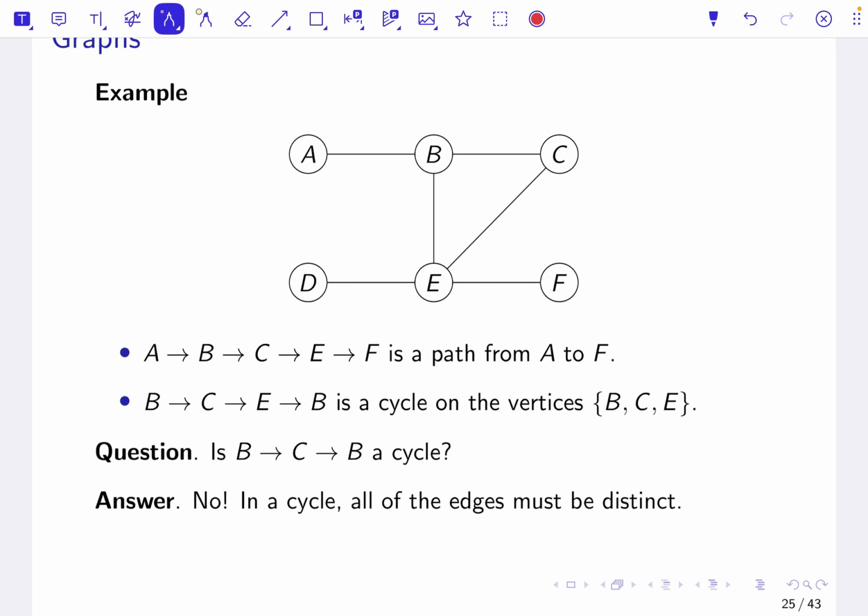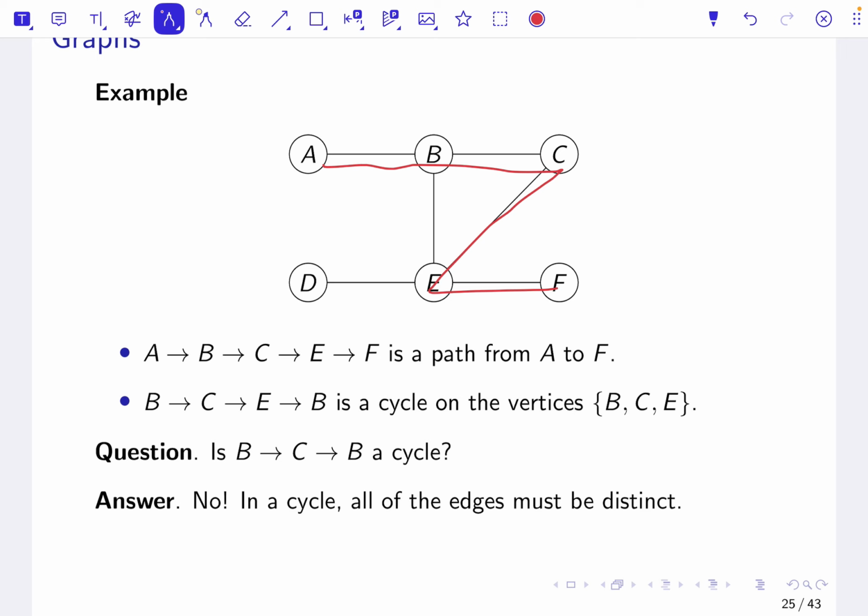Here's some more examples. Probably should have just scrolled between these slides. A, B, C, E, F is a path from A to F. A, B, C, E, F. Every vertex is unique.